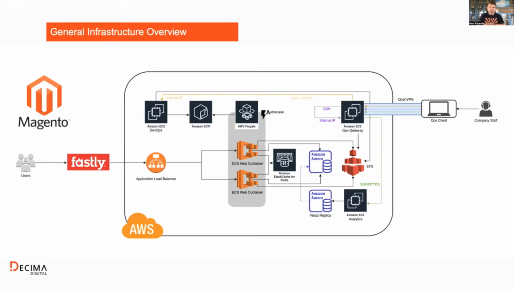PHP FPM runs Magento application. And finally, Magento application using some external services like Redis, RDS, MariaDB, Elasticsearch, EFS, might be RabbitMQ, proceed request and deliver some content. So this is the typical reference architecture for Magento project.